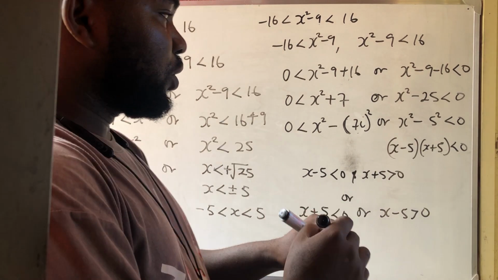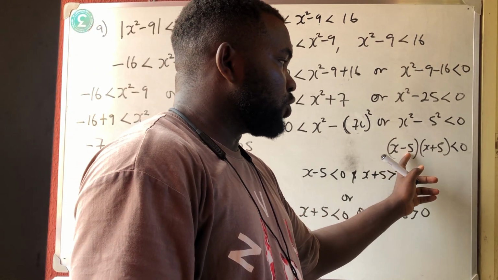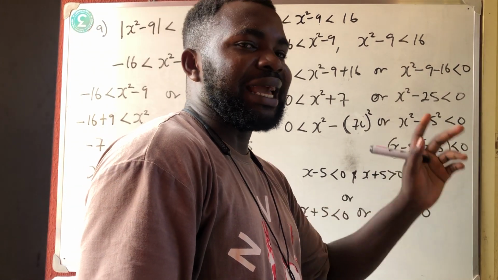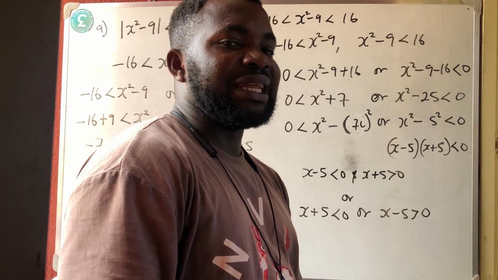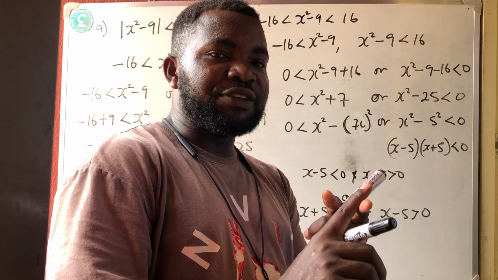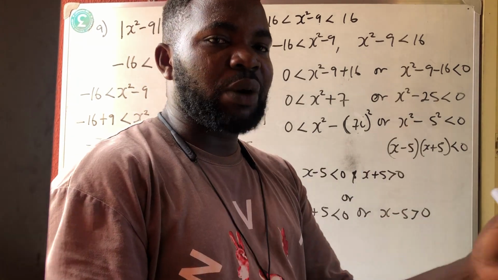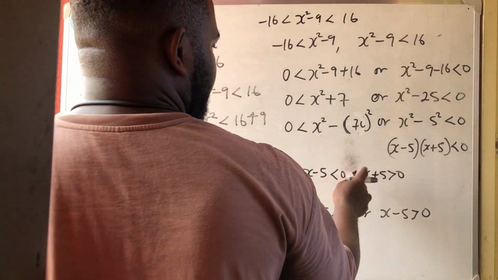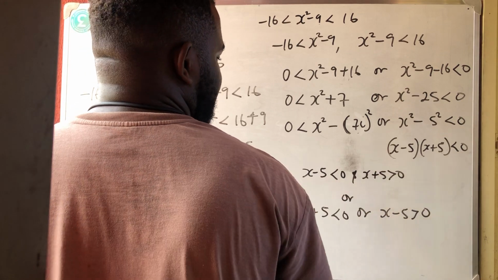For the product of two things to be negative, one is negative and the other is positive. But we don't know which one, that is why we have these two answers.